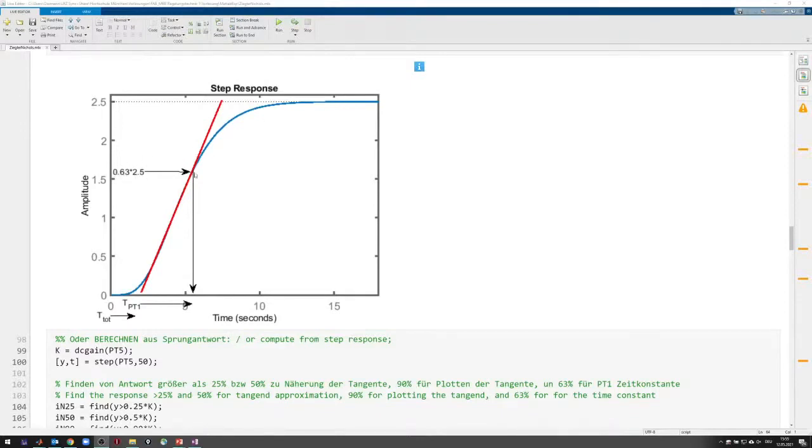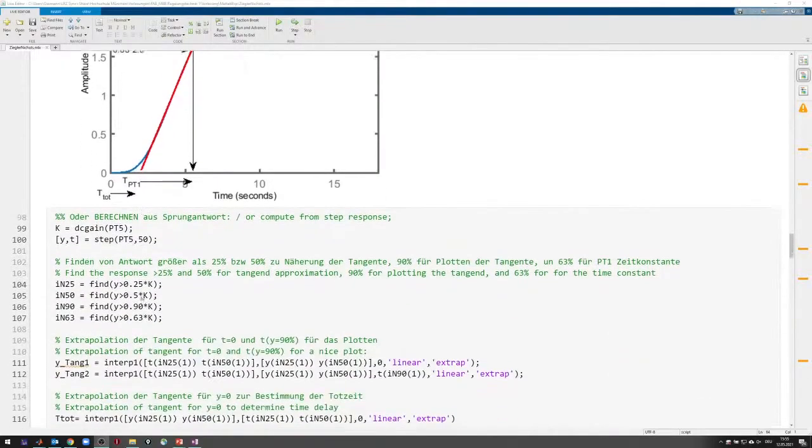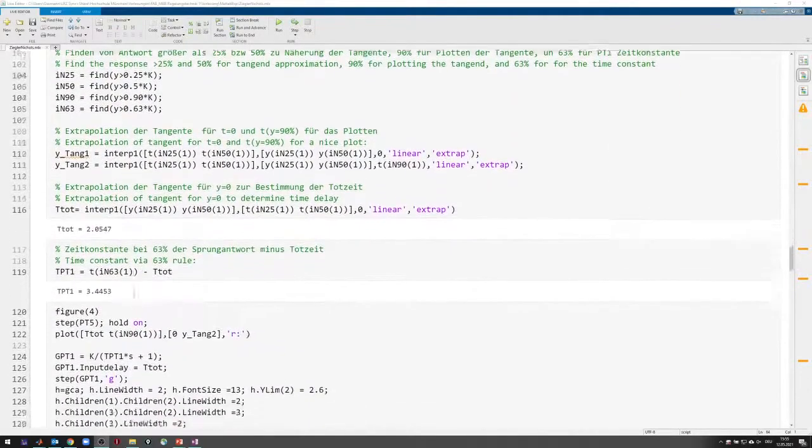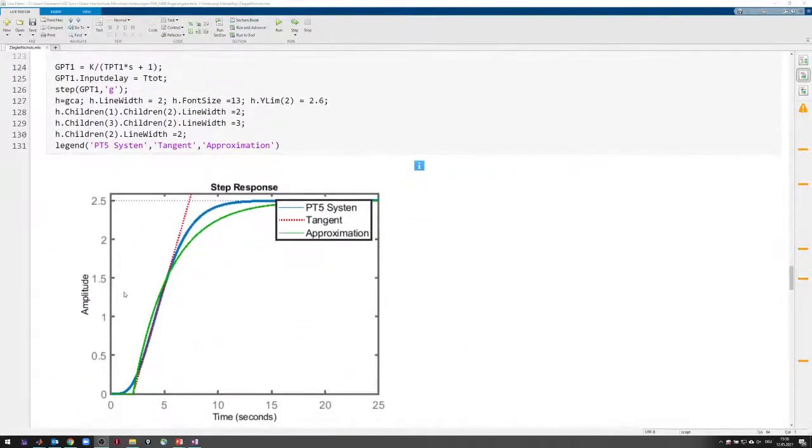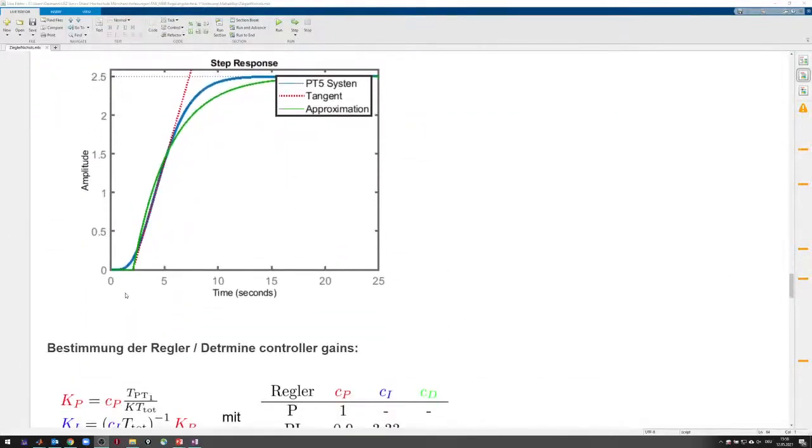You go to 63%, you measure that time, which is the approximation of your time constant, and you calculate the time delay from here to here. I did that by hand, mathematically, it really doesn't matter. I think this plot is the important one.